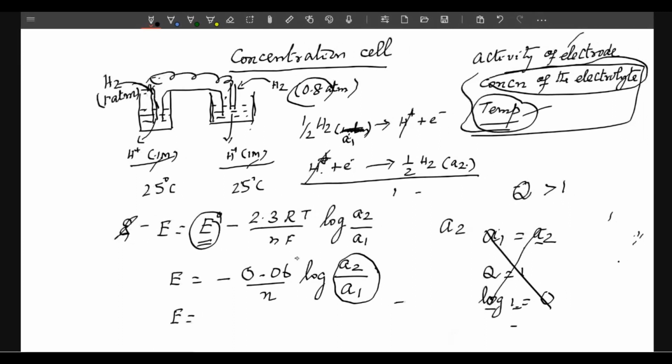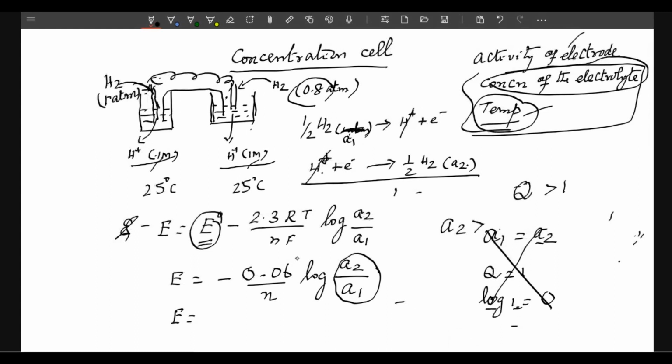When A2 is higher than A1. Log of a value greater than 1 is positive, and such a cell will have a negative value. No electricity is produced.